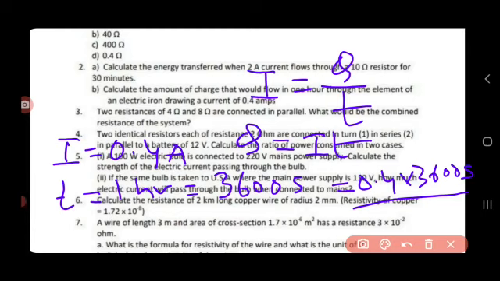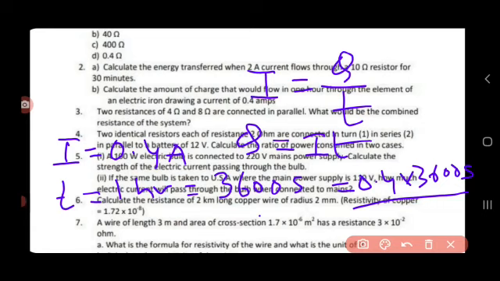Now, question number 3. A 4 ohm and 8 ohm resistor are connected in parallel. What would be the combined resistance of the system? When the resistors are connected in parallel, then the equivalent resistance is 1 by Rp equal to 1 by R1 plus 1 by R2.